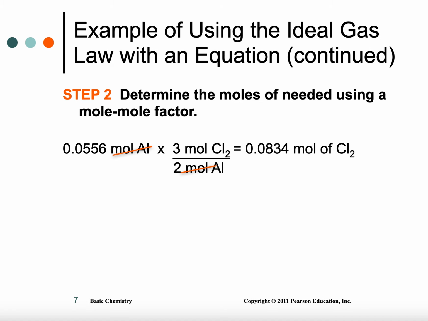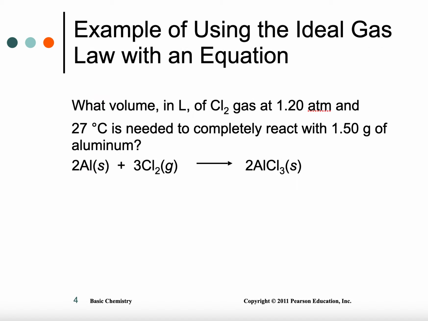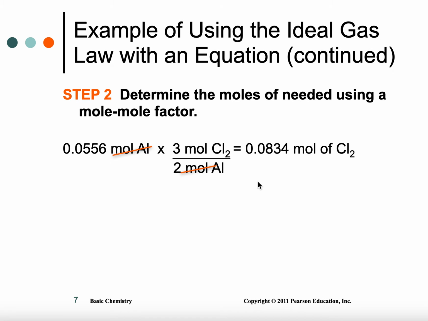So I have moles of gas. Well, that's even easier because we know that at standard temperature and pressure, I hope it's a standard temperature and pressure. It's not. Okay. Then we're going to insert all of them into PV equals nRT. So we have 0.0834, okay, of chlorine.